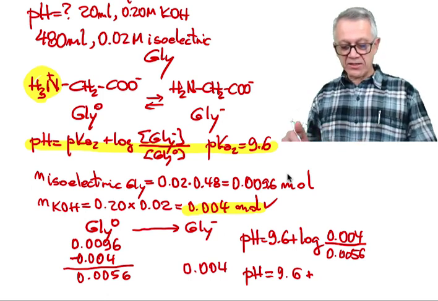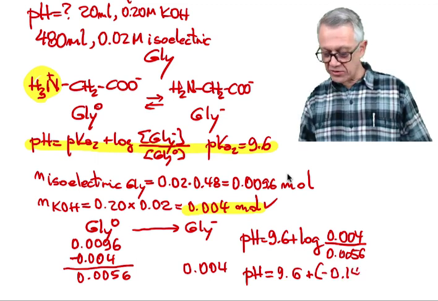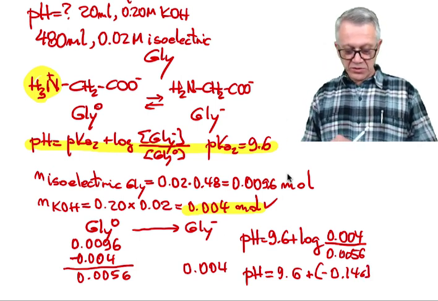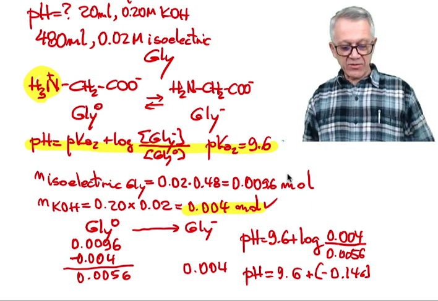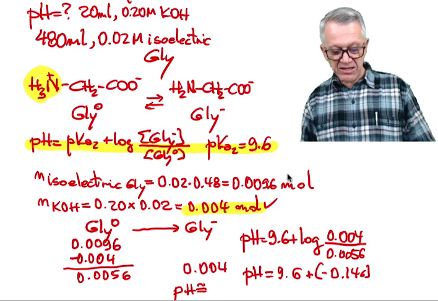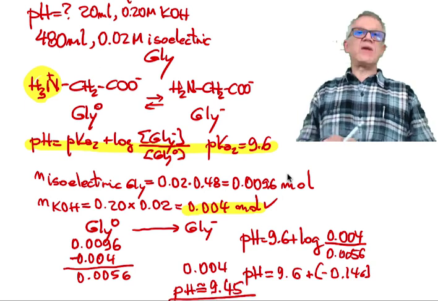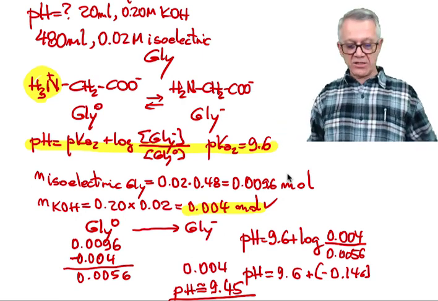You take the log of that number, it's going to be a negative number, 0.146. 9.6 minus 0.146 is going to be 9.45. So the pH is going to be approximately 9.45. That's the pH of this solution made by mixing as indicated in the problem.